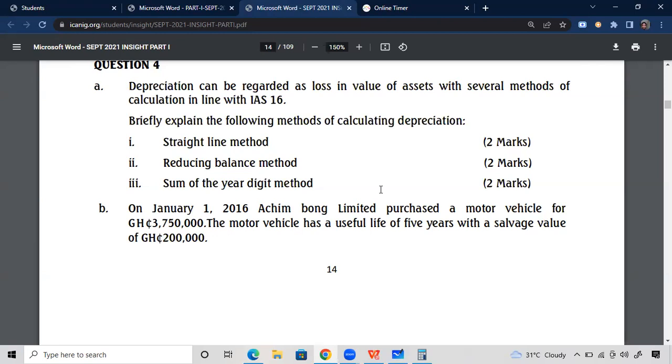For this particular question 4B now, I want everybody to calculate the depreciation using straight line method, because some of us are not with your calculator, so you may not be able to do the second one.